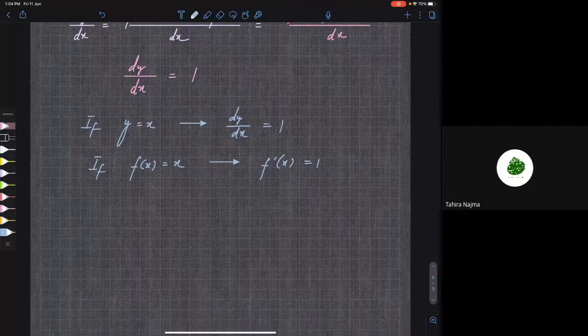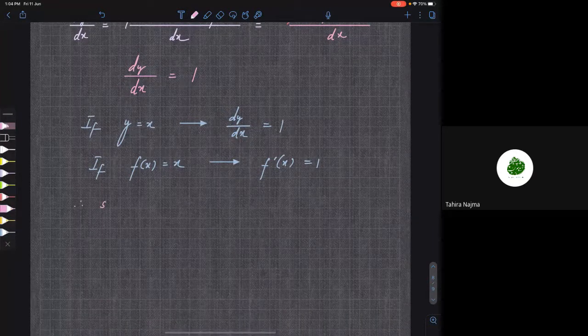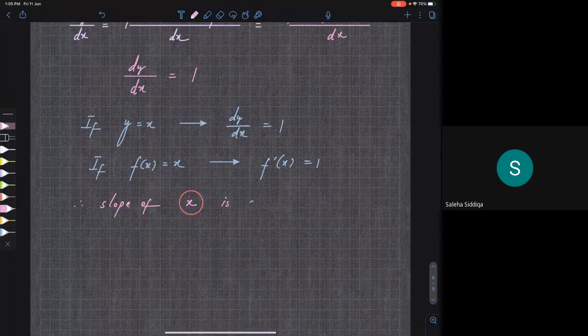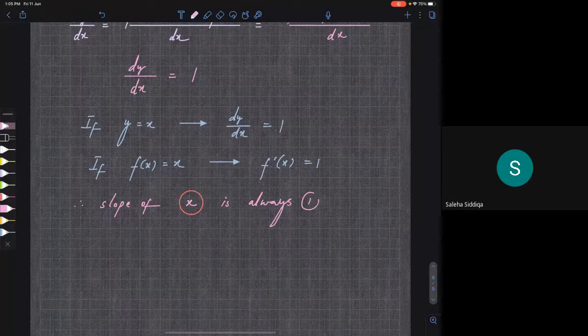So one is in Leibniz style and one is in Newton style. Therefore, the slope of y equal to x, or the slope of x, is always 1.